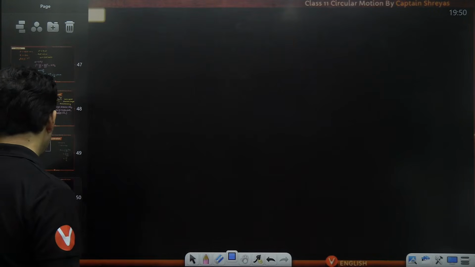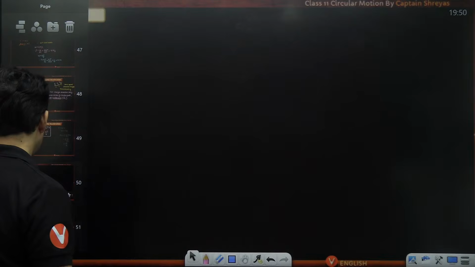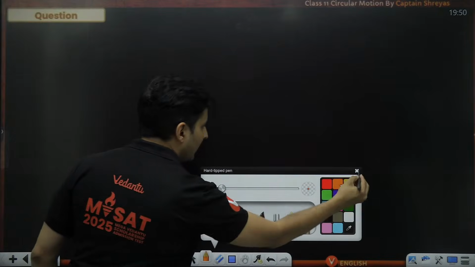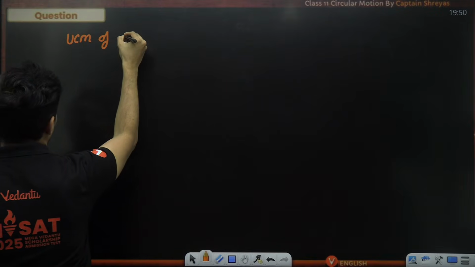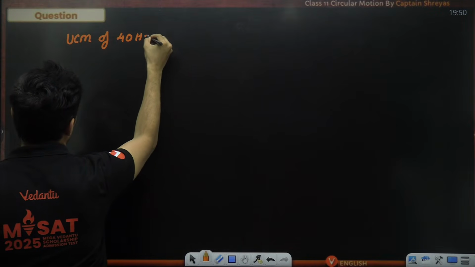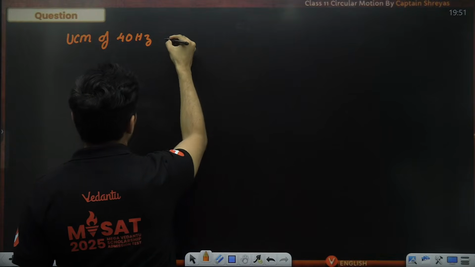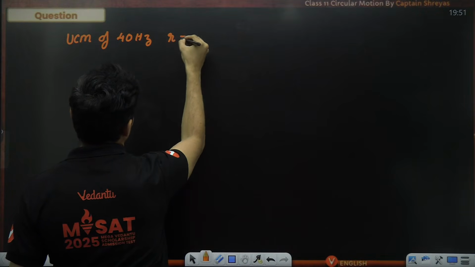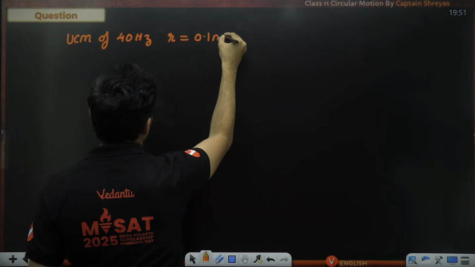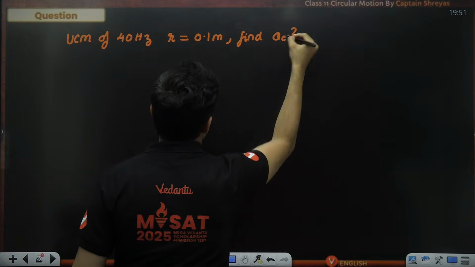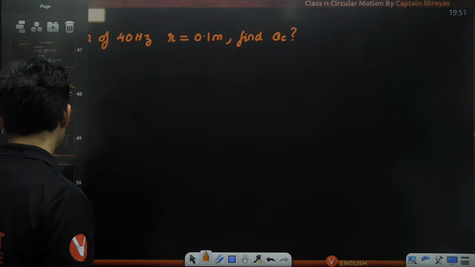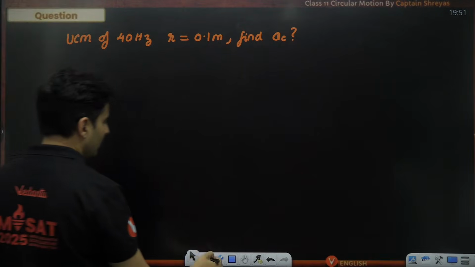Okay. So let's do some questions on that. If in a uniform circular motion of 40 hertz and radius 0.1 meter, find the centripetal acceleration.